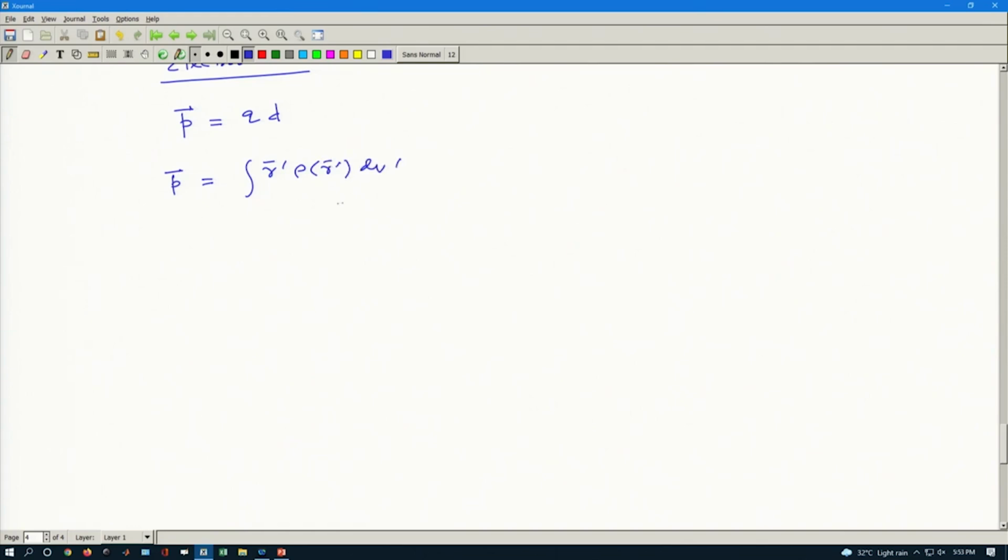This is the way we define it in vectorial form, in integral form, exploiting the source term rho. Rho is the source term there.